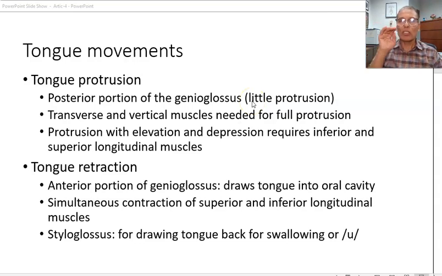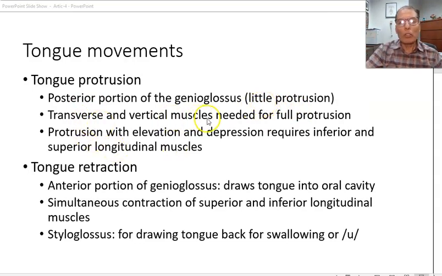There is a distinction between little protrusion, for example when you say thumb, theta, bath, where the interdental sounds require that little protrusion, and full protrusion, if you want to bring your tongue out to try to touch your chin. The posterior part or segment of the genioglossus is involved. It performs that function by itself for the interdental sounds, th and th.